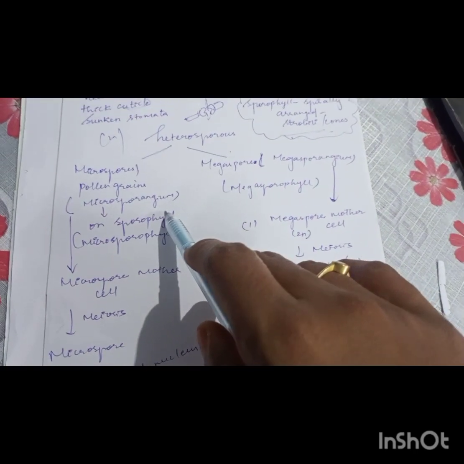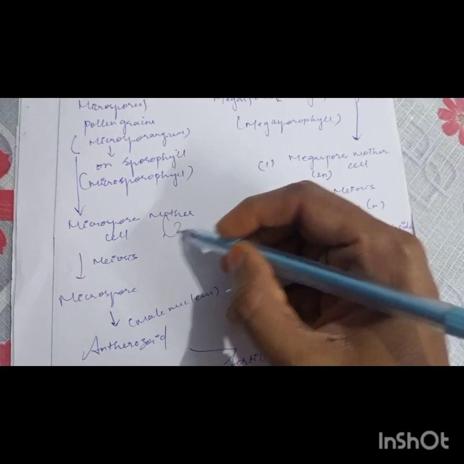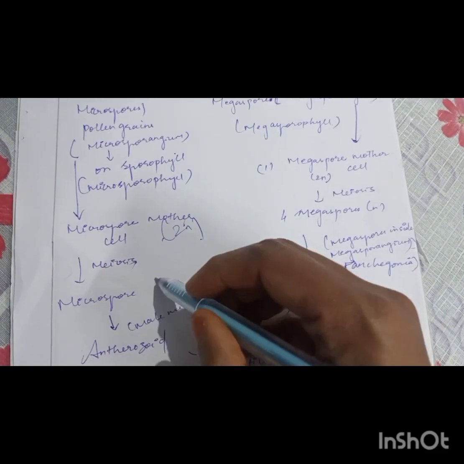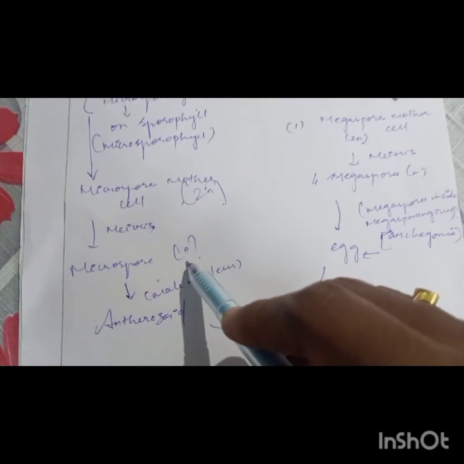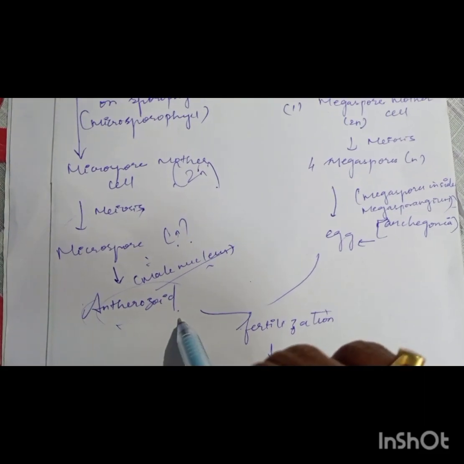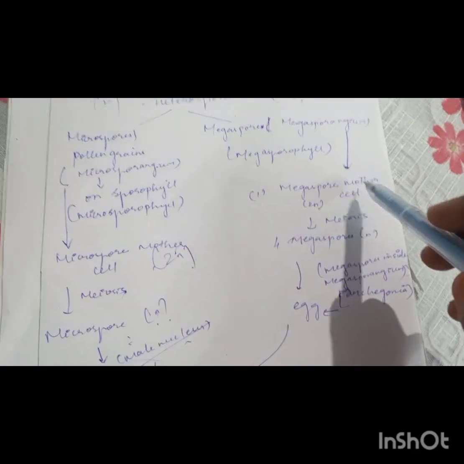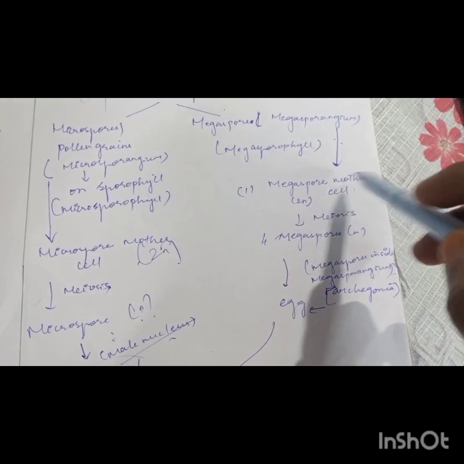Inside the microsporangium you can see microspore mother cells, which are diploid, and will undergo meiosis to produce haploid microspores, also known as pollen grain. It will have the male nucleus inside, the anthrozoid. Inside the megasporangium, you can see megaspore mother cell.